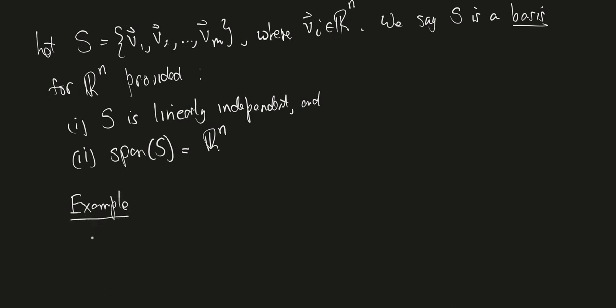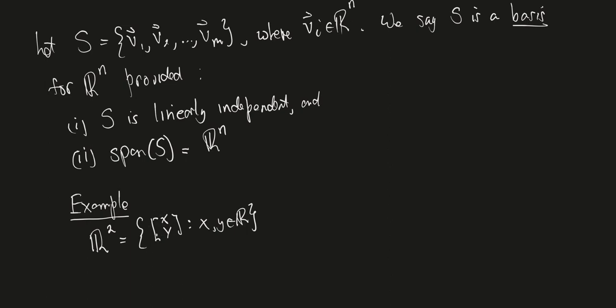All right, so if we look at R2, well, as a set, and I'll write these vectors as columns, we know that R2 is a set of vectors with two components, and those two components can be any real number, right? Now, there is what's considered a standard basis for this.